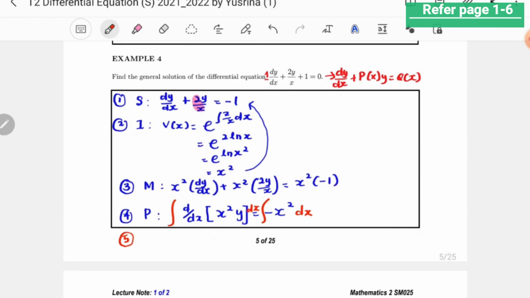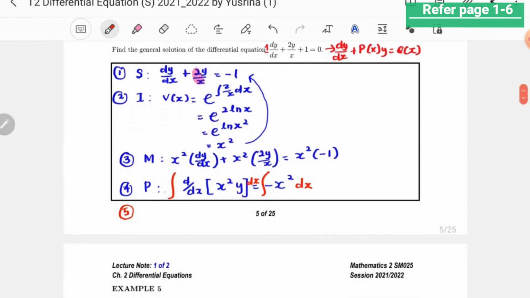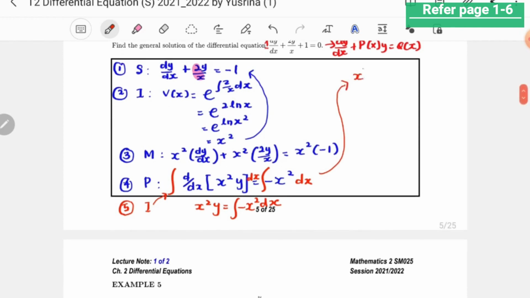So next, number 5, we call it integrate. So integrate this one. Integrate and differentiate cancel, we get x²y, the original expression, equals the integral of -x² dx. So we just continue: x²y equals the integral of the right hand side.